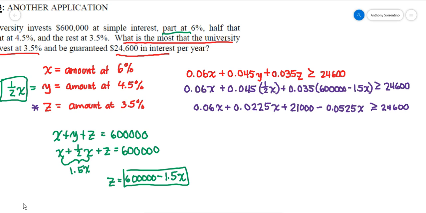I'm going to combine all my x terms together. So 0.06 plus 0.0225 minus 0.0525 is going to give me 0.03x plus 21,000 should be greater than or equal to 24,600. I'm going to subtract 21,000 from both sides.